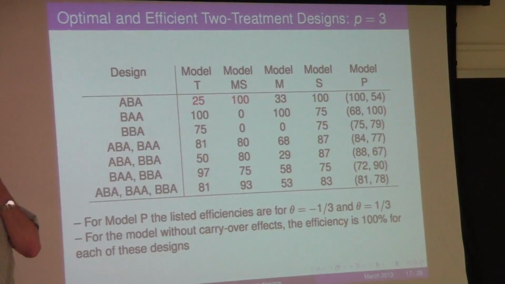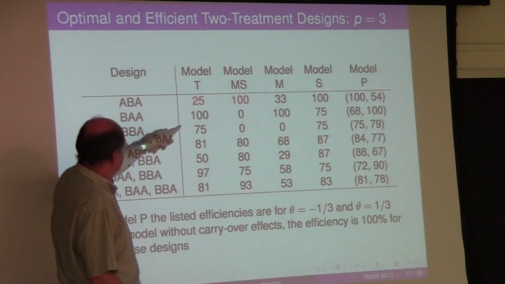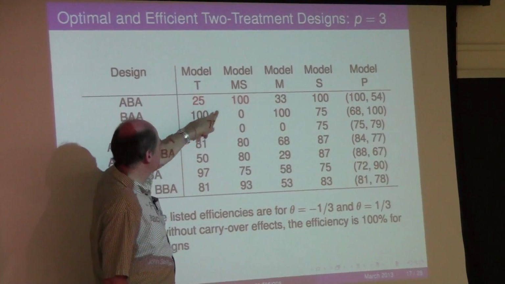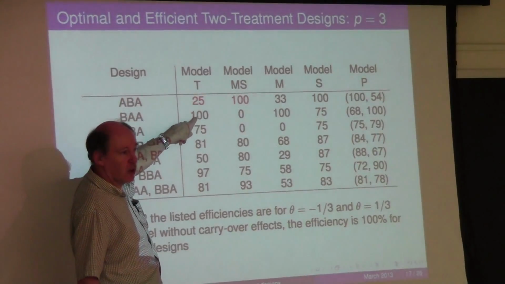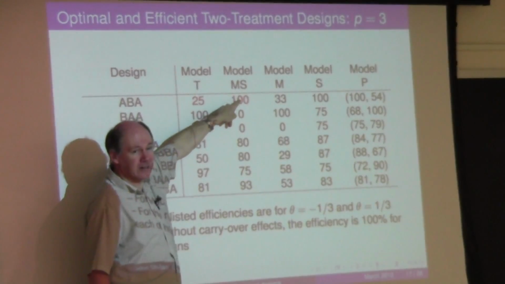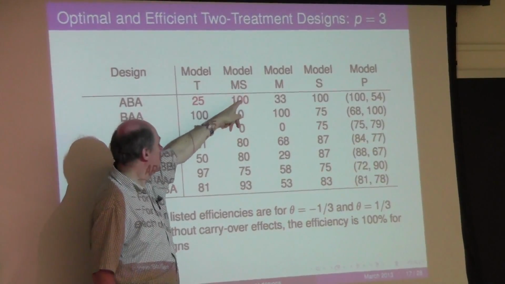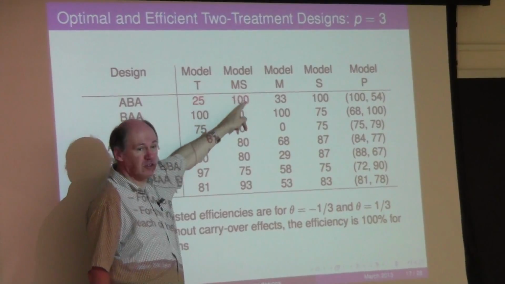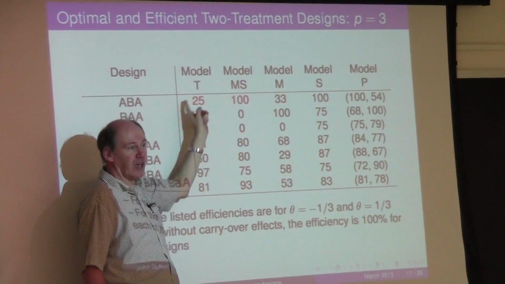But what that means, of course, is that for this 100, my variance is much smaller than it is over there. Because these two variances are actually the same. The variances for the best estimate are actually the same.